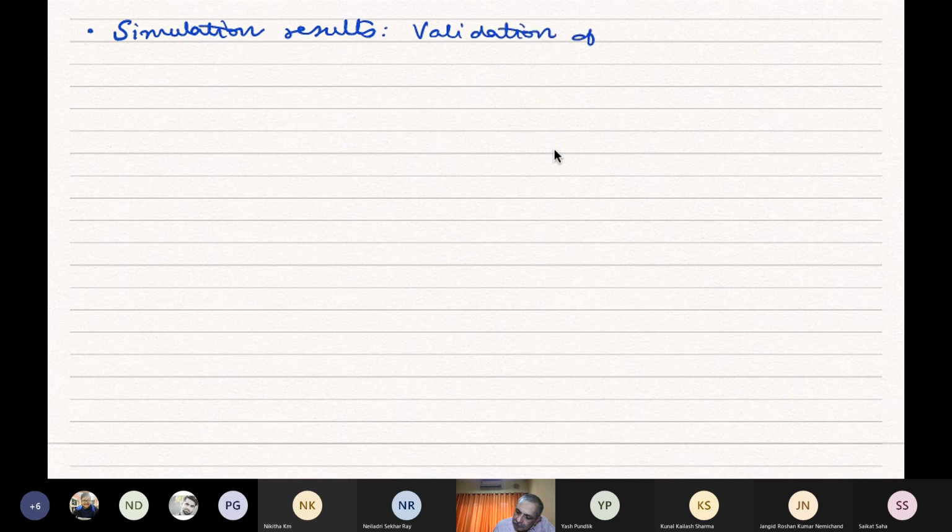So what we have already seen here is we showed some simulation results, which are validation of Bagnold theory.